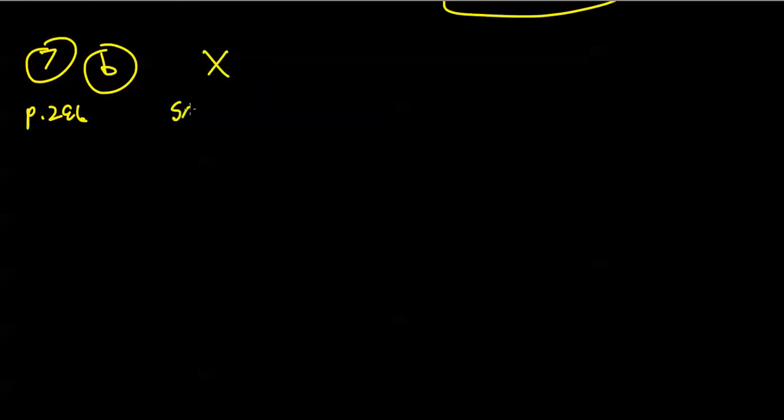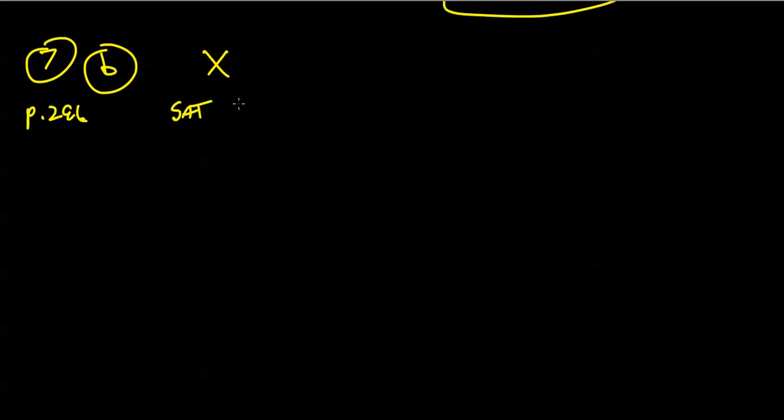This is also from your homework list. This is number 7B on page 296. We're talking about SAT scores here. I'm going to let X be a variable that represents all SAT scores of all time.